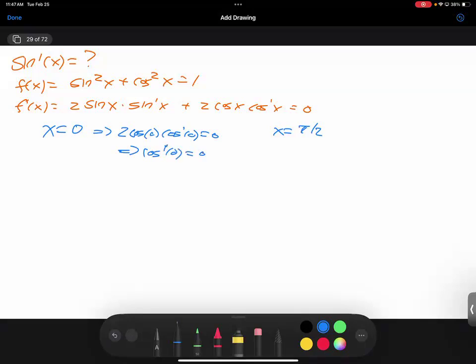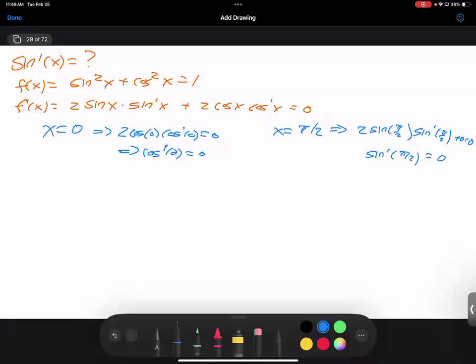If we take pi halves, the sine of pi halves is 1. So we get 2 sine of pi halves, sine prime of pi halves, plus 0 equals 0. So we get sine prime of pi halves is 0.